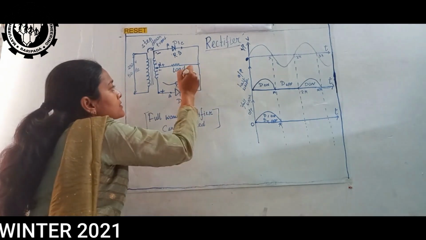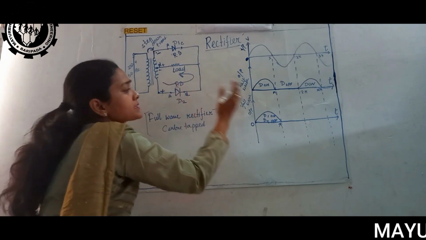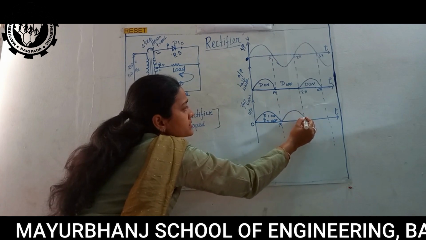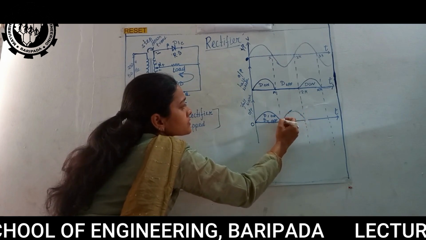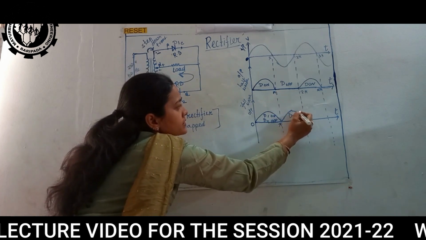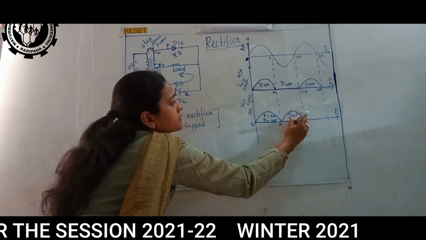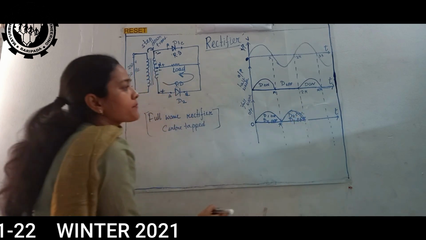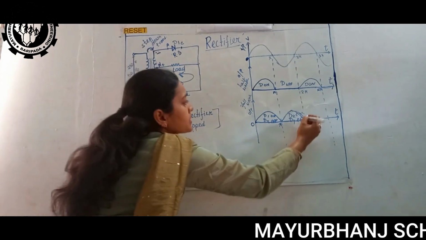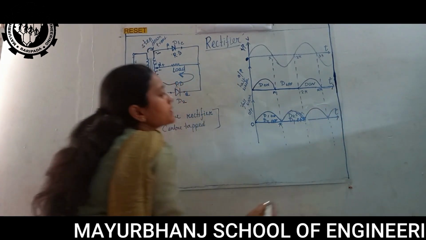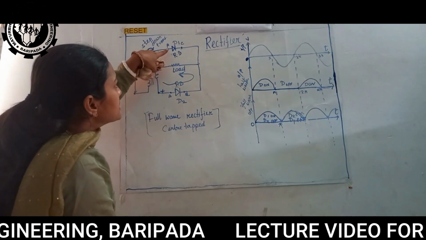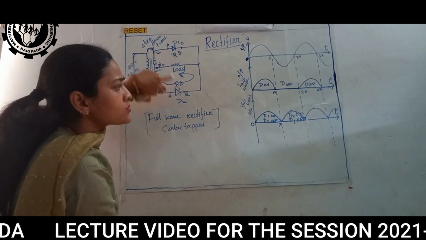So the direction of this output is the same. We are getting an output in this direction only. Now here D2 is on and D1 is off. This total process goes on repeating. So we are getting a pulsating DC when we are using D1, D2 as two diodes.